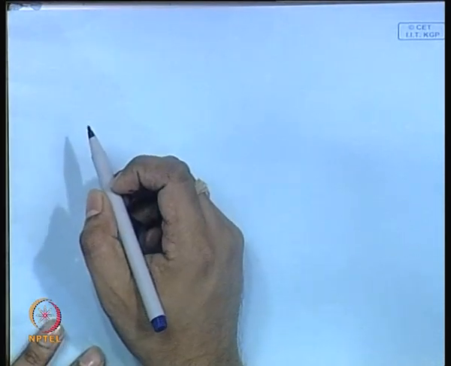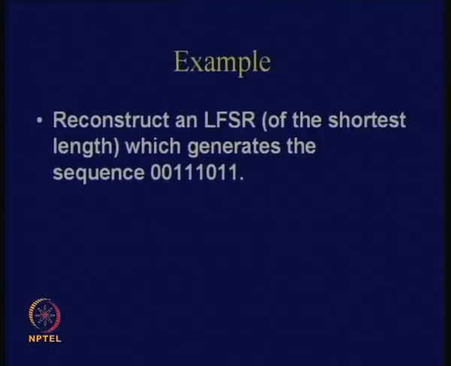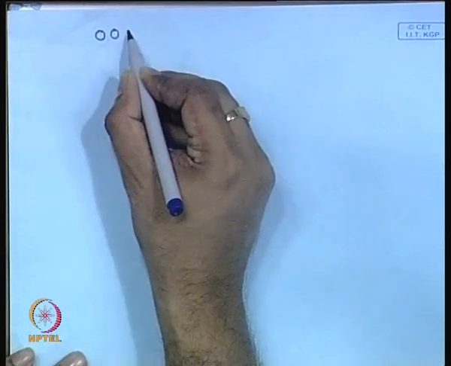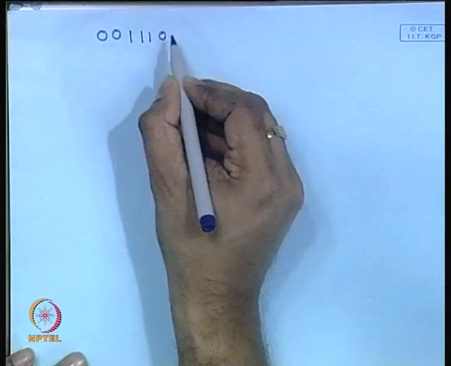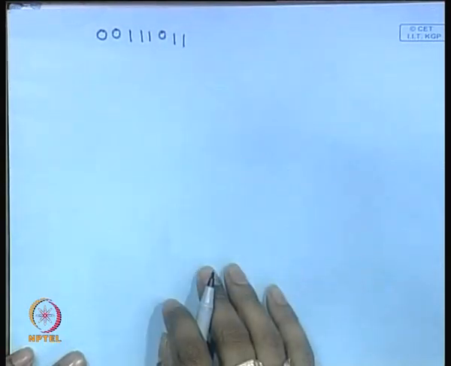Let us try to reconstruct an LFSR whose sequence is, say, 0 0 1 1 1 0 1 1. Let us start with only these two zeros, 0 0. Immediately you can understand that if you have two subsequent zeros, then your LFSR length cannot be 2, because if the length is 2, you get stuck at that point.